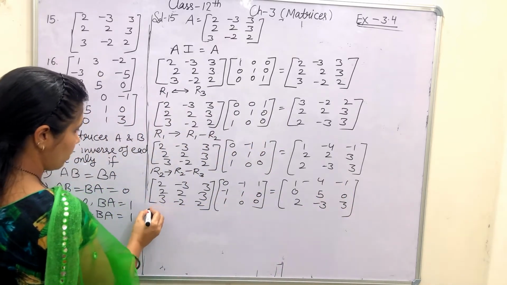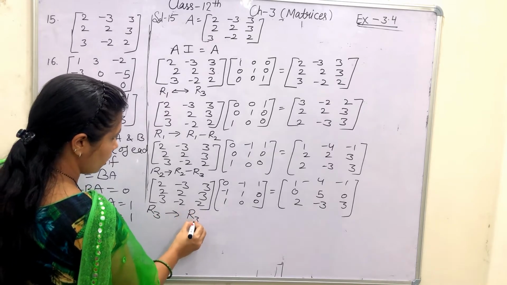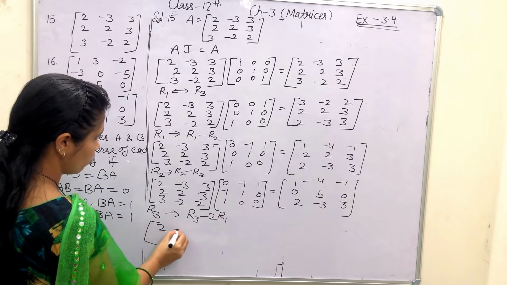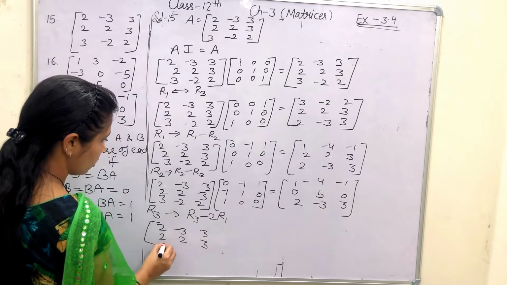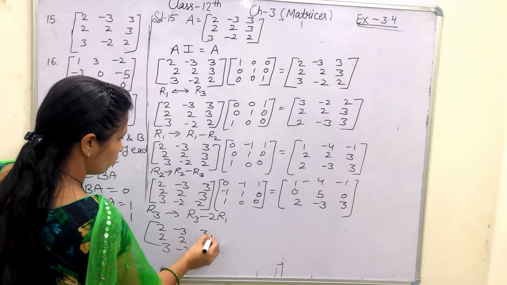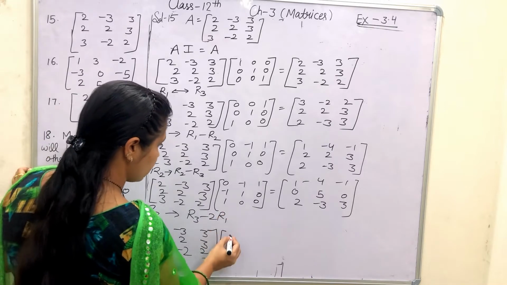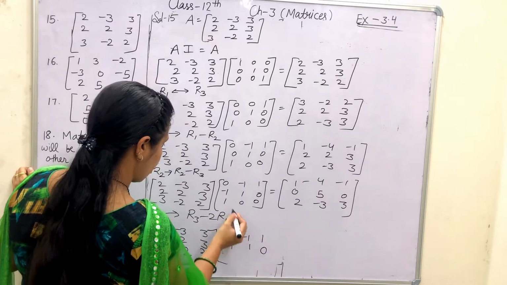Now we apply on R3, R3 minus 2 R1. Here we get 2 minus 3, 3, 2, 2, 3, 3 minus 2, 2. R3 minus 2 R1. So R1 and R2 will remain the same.